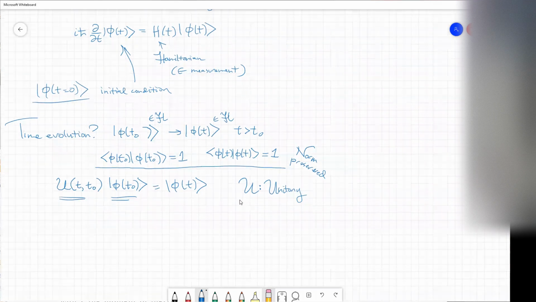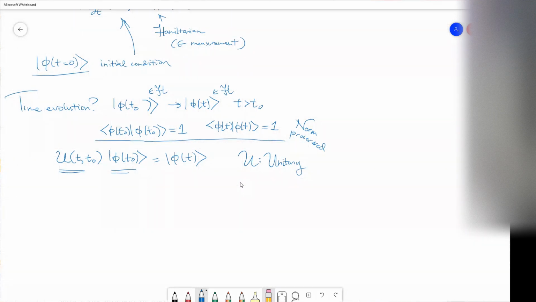And believe it or not, there's one more idea. Say you take your system at time t naught and you evolve it to some other time t. You do something to your state, it starts here, and you evolve it to some other state. Well, if you evolve it to some intermediate time t1, in between these two times, you would hope that you can just take your evolution and split it up into pieces.